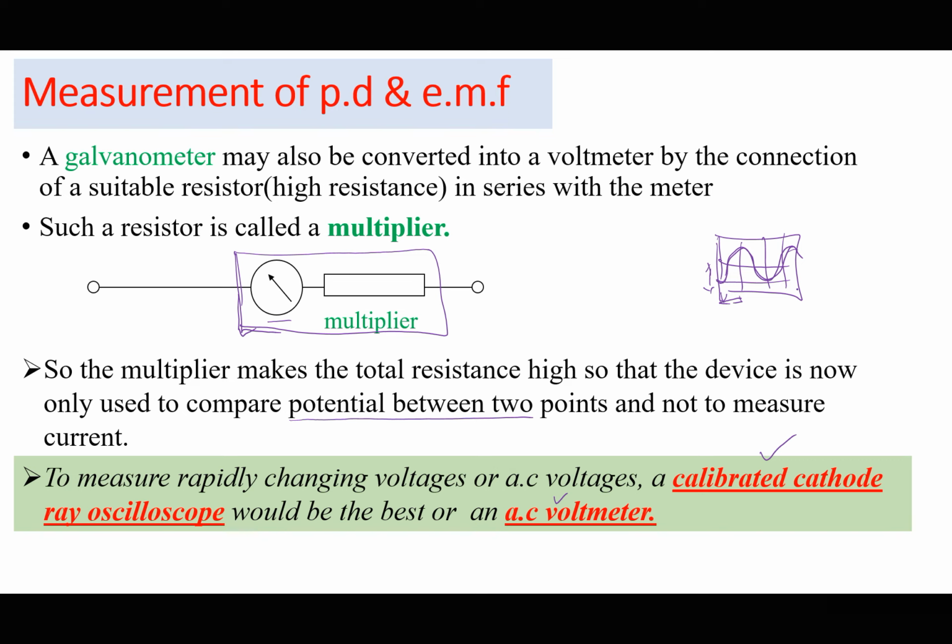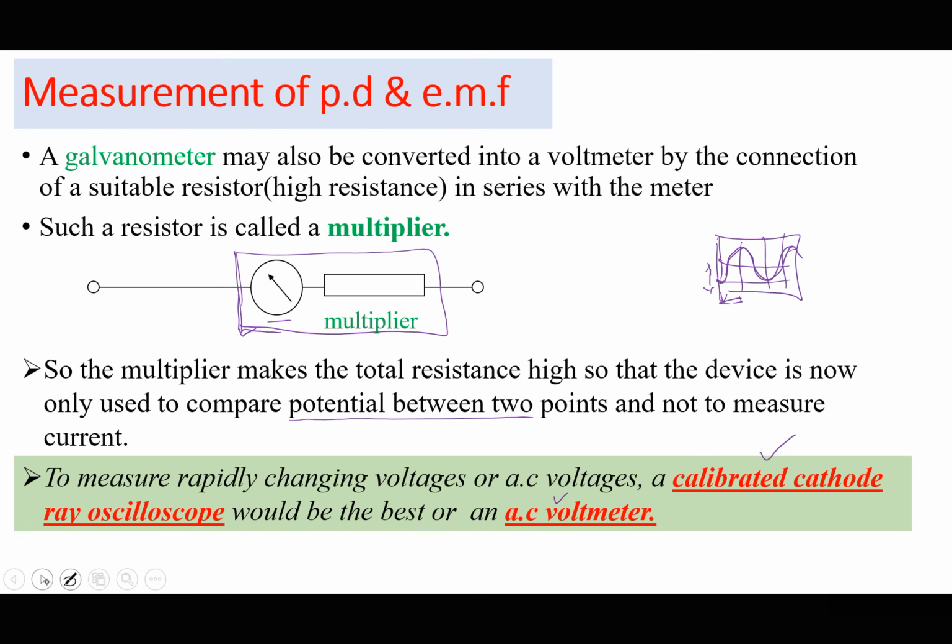So that is what we mean by being calibrated. So if we have alternating voltage or alternating current, we can use a calibrated cathode ray oscilloscope. We shall see the oscilloscope under waves, or you might have seen it under waves, both in IGCSE and in AS Physics of year 12 of A level.